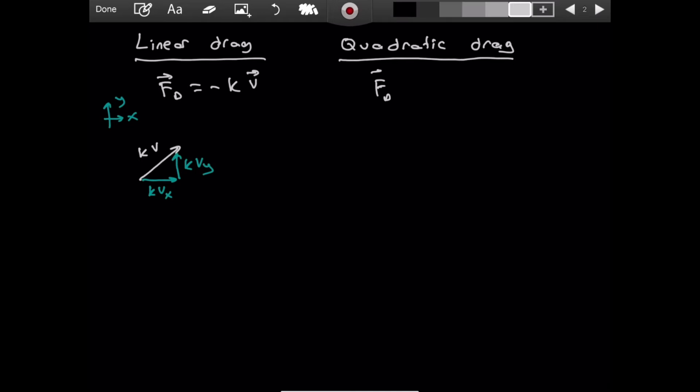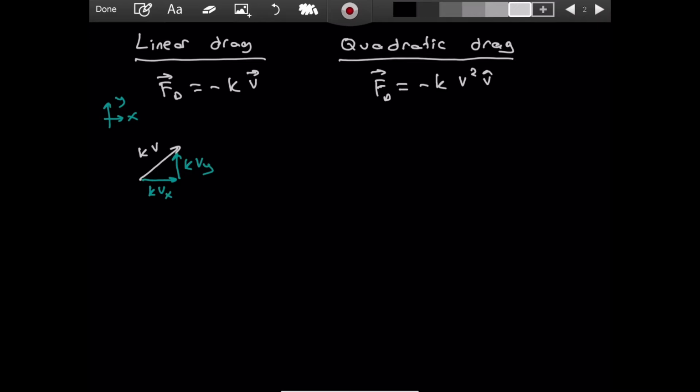In this case, the force of drag will be, again, negative k, this time the square of the velocity, and to denote the direction, we will put a v hat. V hat is just a unit vector along the velocity. And you can see where the name quadratic comes from. It comes from this square right here.